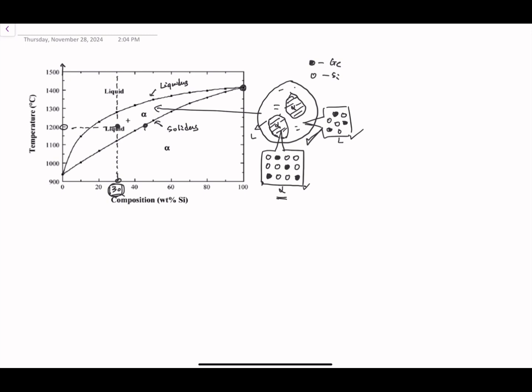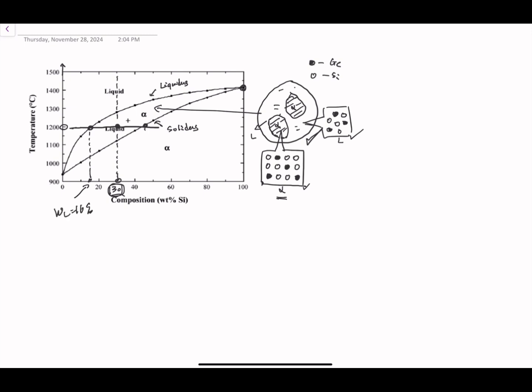We know that the composition of these two solution phases can be obtained by a tie-line construction. In particular, a tie-line construction is one where you start with a given temperature, for example, this 1200 degrees Celsius. You draw a line across the phase diagram, and that line has an intersection with the liquidus. This intersection gives you the composition of the liquid phase, which is 16%.